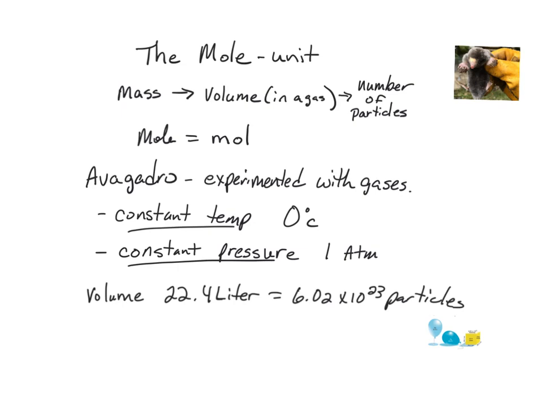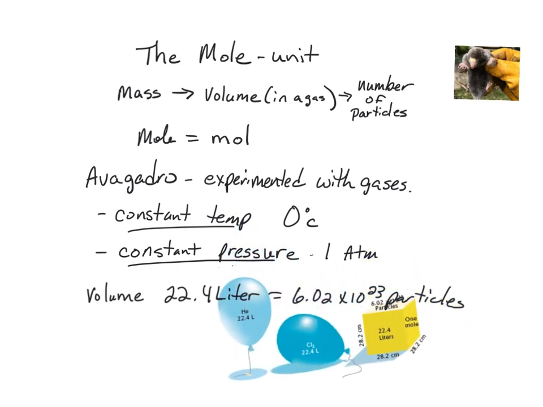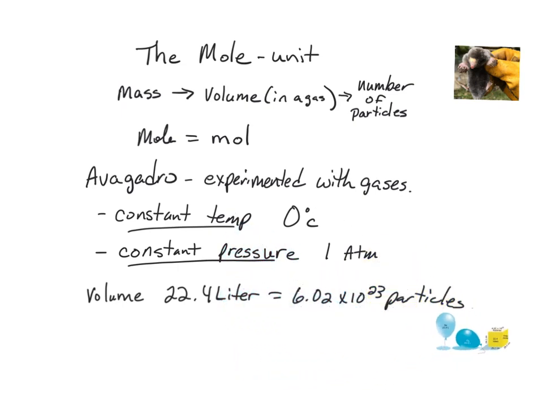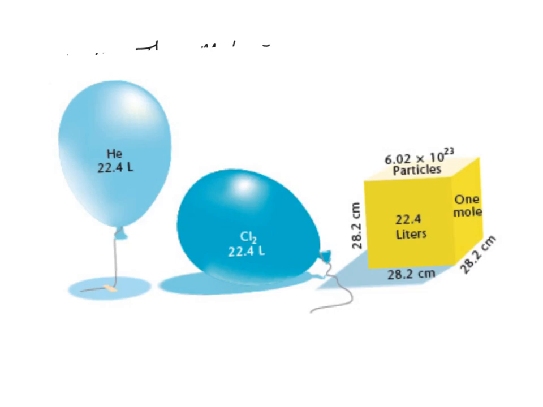Let's take a look at a picture here. Let me pause it. Alright, so what Avogadro found is that it didn't matter what kind of gas he had. He could be using a very light gas like helium. It still took up 22.4 liters of space. Or he could be using a heavy gas like chlorine, and that still took up 22.4 liters.